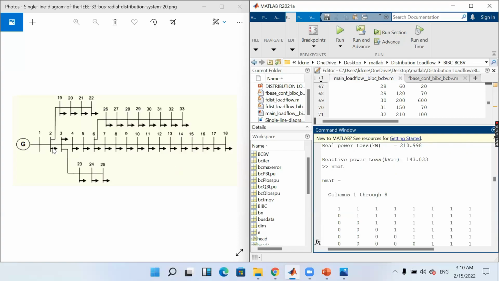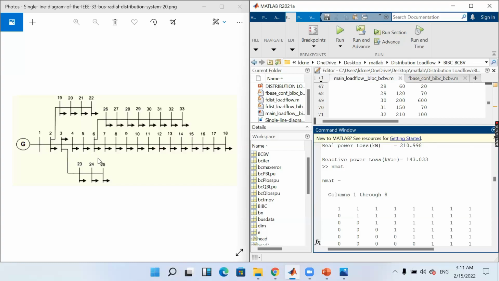Likewise, when we go through the columns, we see that in the first column, only row 1 has the value 1 and all other values are 0. That shows that for feeding the load of bus 1, the power flows through bus 1 only. And for feeding the load of bus 2, power flows through bus 1 as well as bus 2.